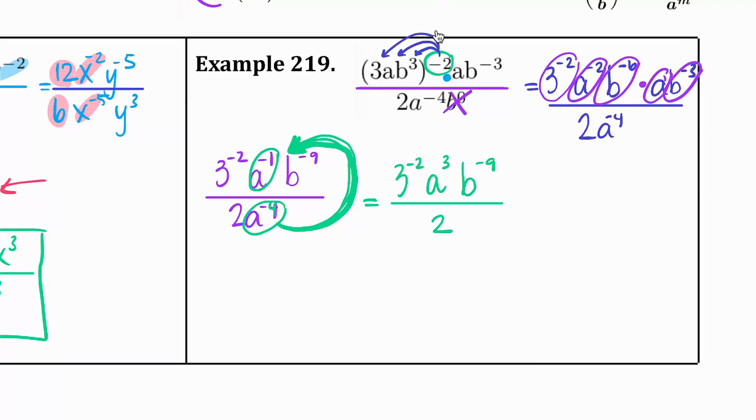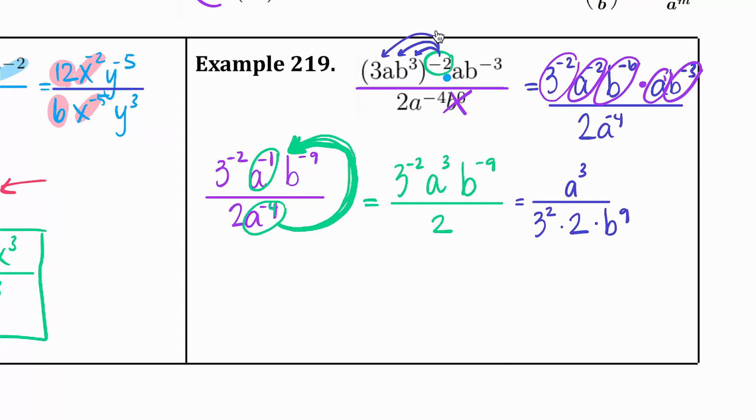Okay, now we're going to rearrange this. Let's see what stays on top. Let's see what goes on bottom. So I'm going to move that 3 squared to the bottom. There's still a 2 on bottom. And I'm going to move that b to the 9th to the bottom. The a to the 3rd stays on top because it's positive. Now we're going to simplify this one more time.